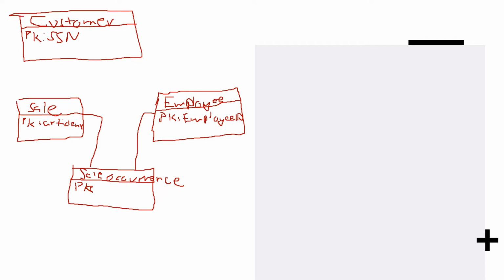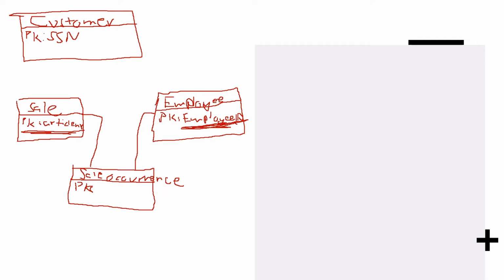It's going to be a weak entity because it's dependent on both sale and employee. So the primary key here will be a combination of these two. It'll take the employee ID over here and the article number over here. And both of these are going to link into sale occurrence as primary keys and foreign keys.